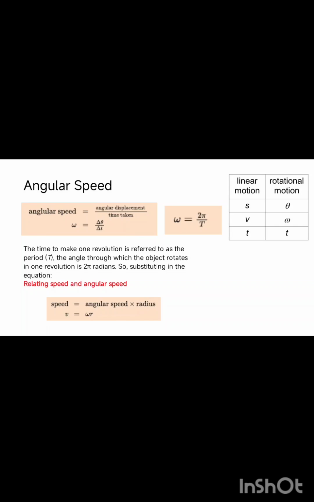So we can write that speed equals angular speed multiplied by radius, v equals omega r.